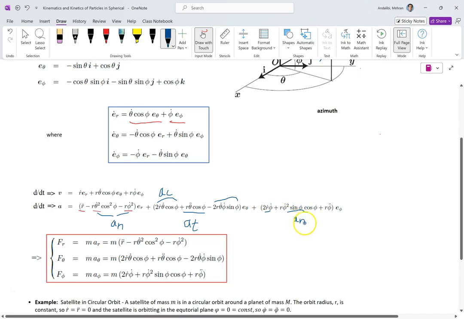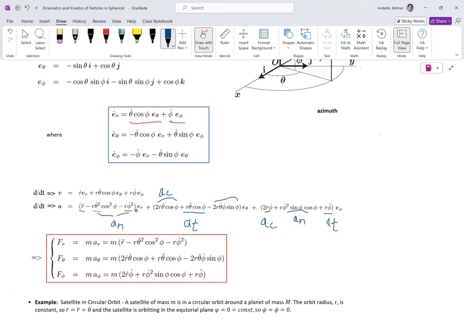And this is another transverse one. This is, of course, a radial direction, which also is in the n direction.